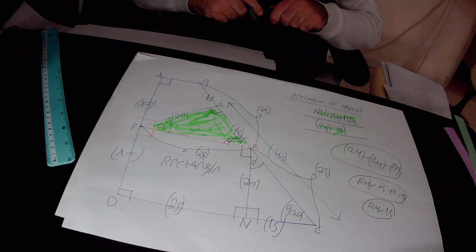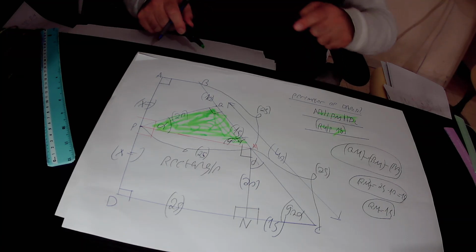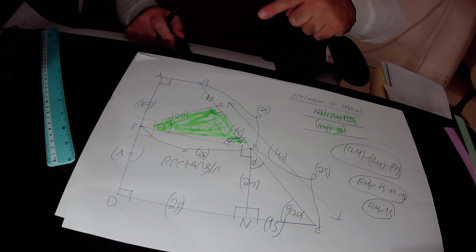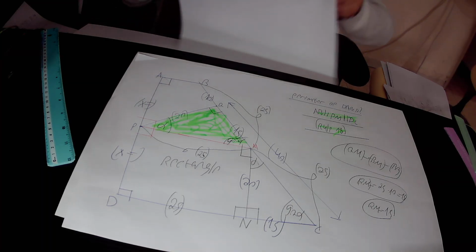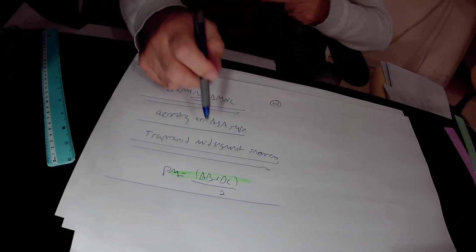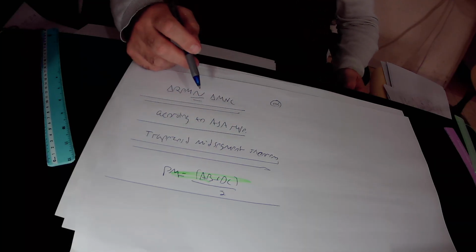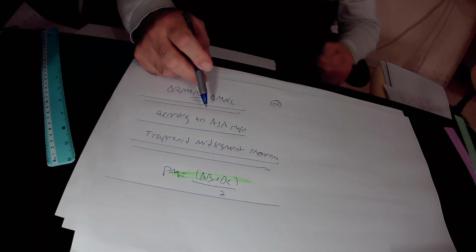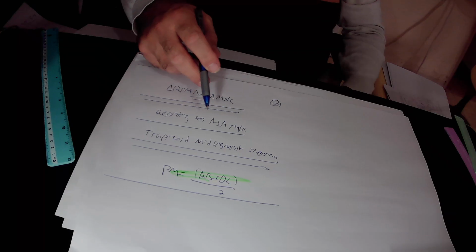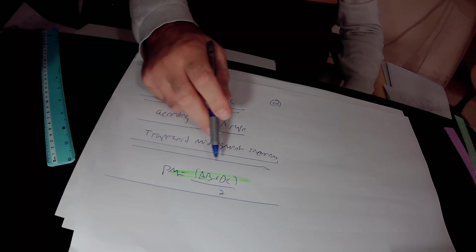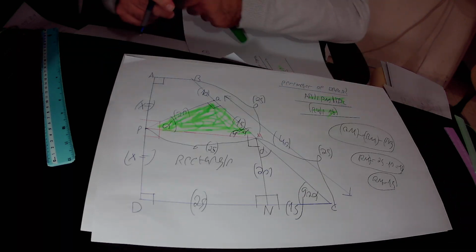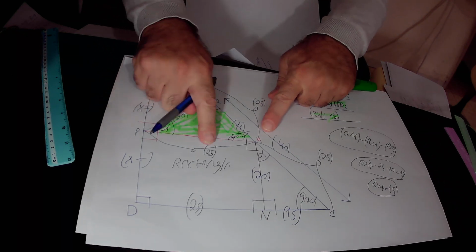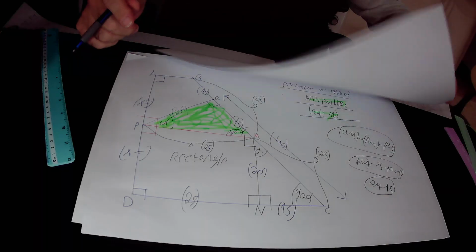So again, the length of this mid-segment PM in trapezoid ABCD is equal to AB plus DC, the sum of the two parallel sides of trapezoid ABCD, divided by 2. But we already found out that PM equals 25, and therefore we substitute PM by 25.